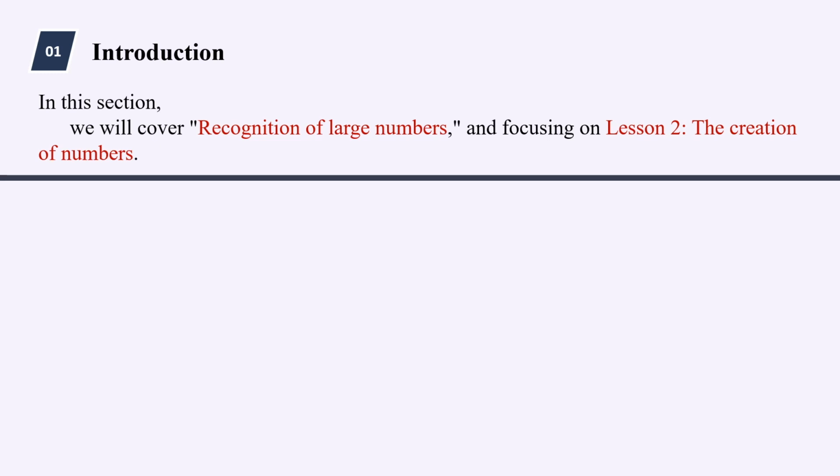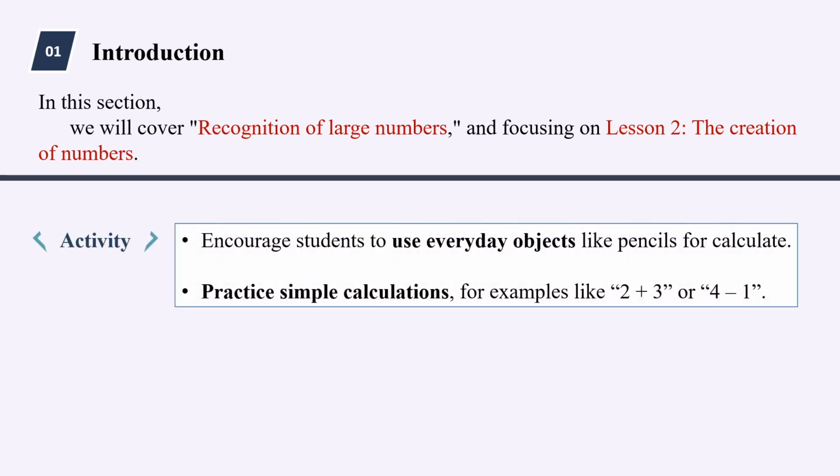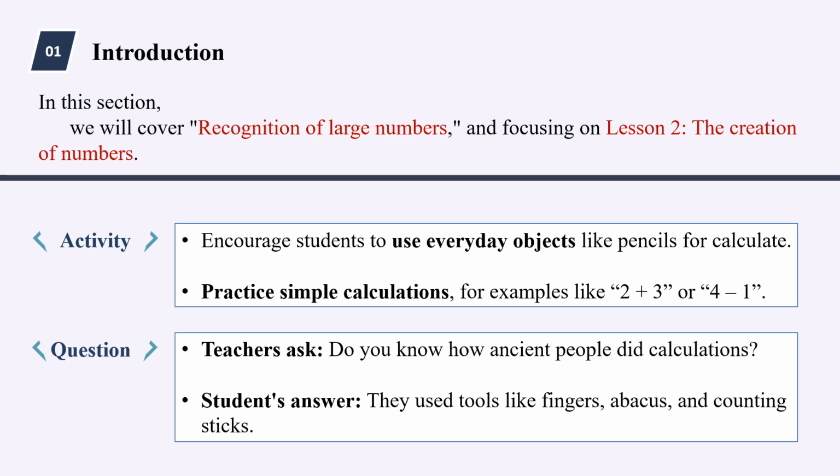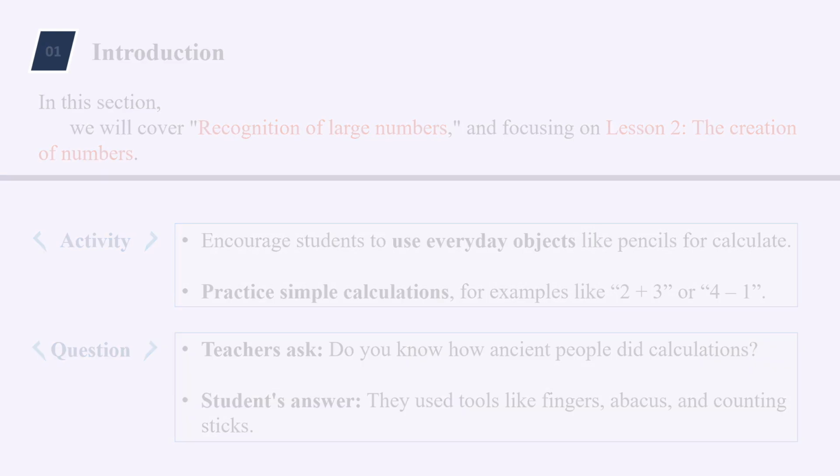In this section, we cover recognition of large numbers and focus on lesson 2, the creation of numbers. First, we encourage students to use everyday objects for calculation, and then ask questions like, do you know how ancient people did the calculations? Students are expected to answer with something like fingers, pencils.